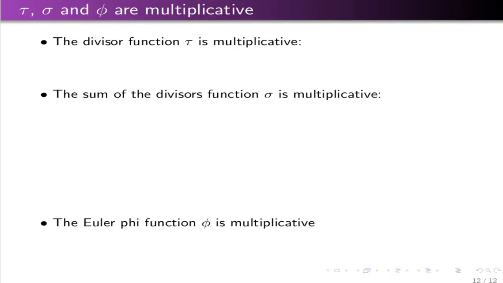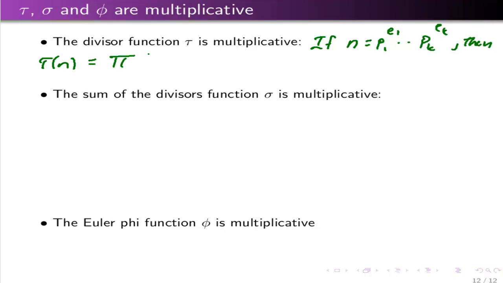So as an example, let's revisit the tau, sigma, and phi functions. So the divisor function tau is multiplicative. So we saw that if n has a prime power factorization, p1 to the e1 times pk to the ek, then tau of n is just the product of ei plus 1, i going from 1 to k, and that is in fact the product, i going from 1 to k, of the tau value at each of the prime powers.